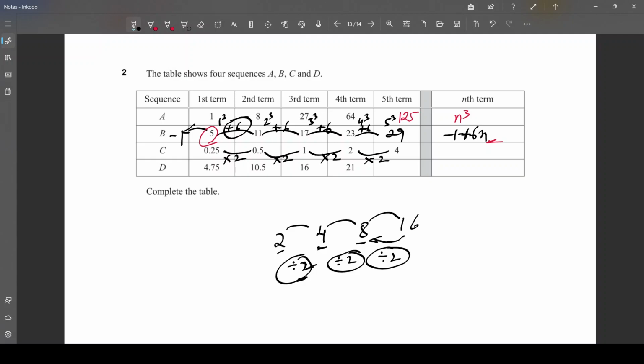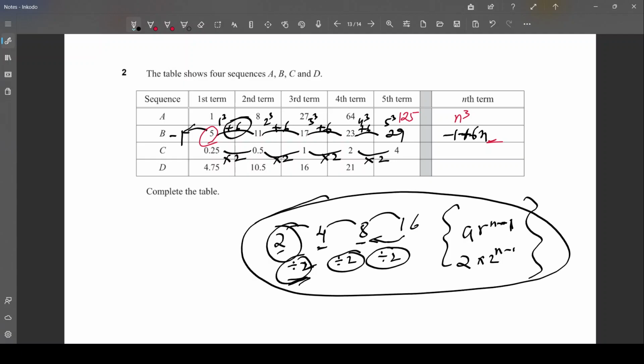So we can use the formula a r to the power n minus 1 to find the nth term. A will be the first term, 2, and r will be the common ratio, that is again 2 here, and n minus 1. So this will be the answer for this case. What you have to remember, let me make it much clearer to you.